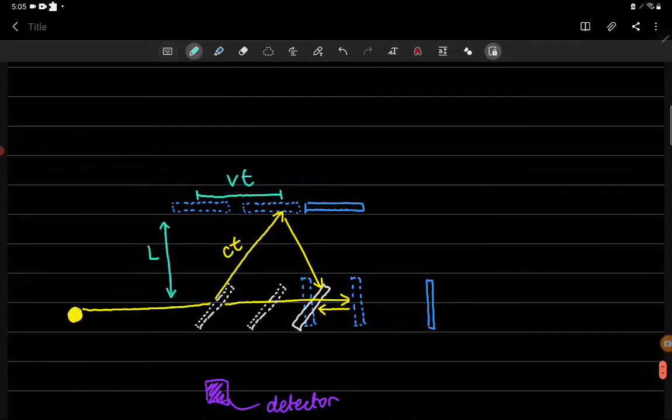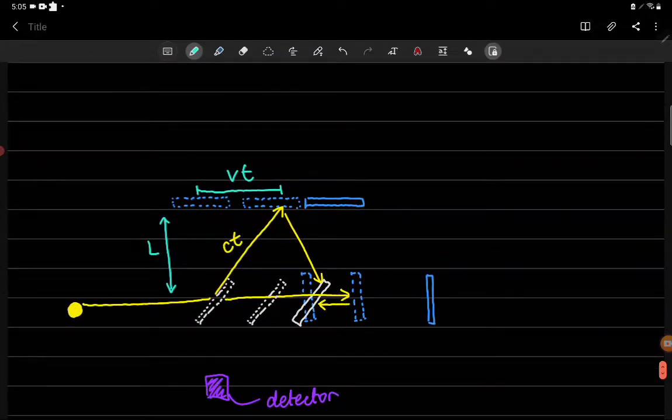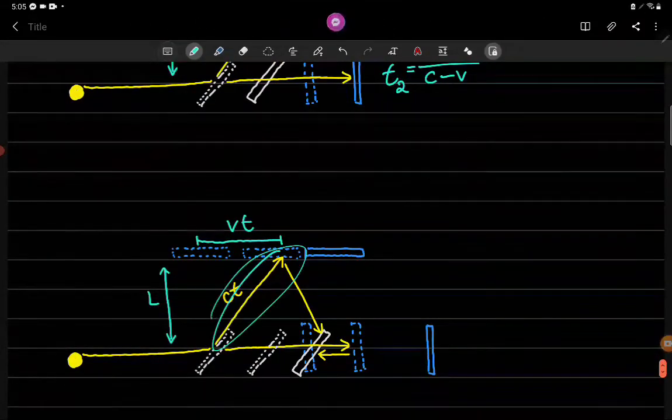So now this whole setup has shifted even further. The solid components, which represent the position of the interferometer at the moment, have shifted even further. And what we expect is that by symmetry, the time that we calculated for this here should be the same as the time we calculated for this here.